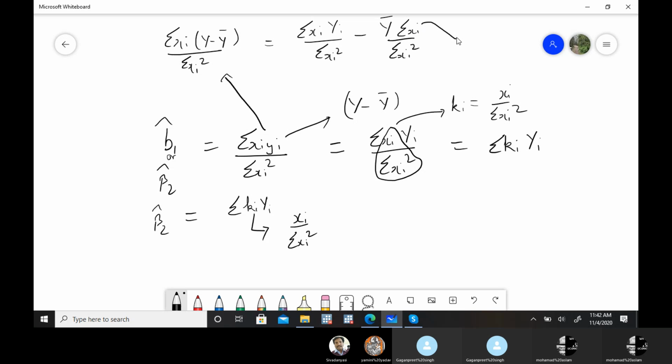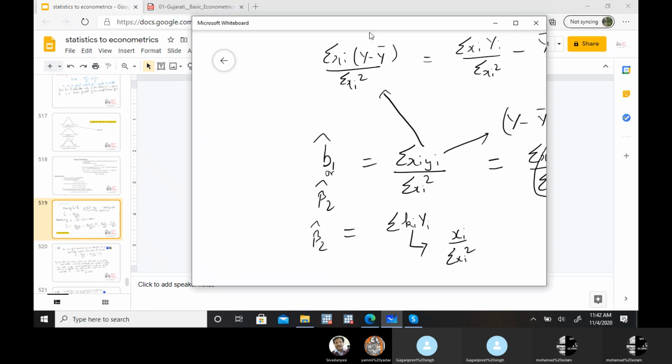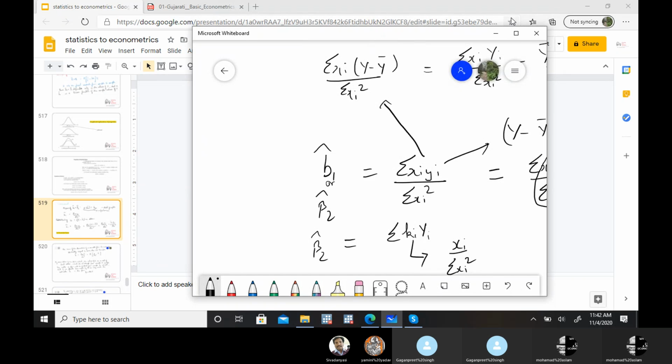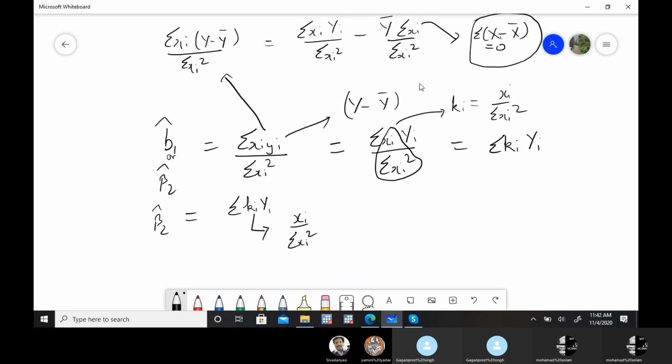Now we know that the summation of x deviation is equal to 0. So that's why this term will disappear.